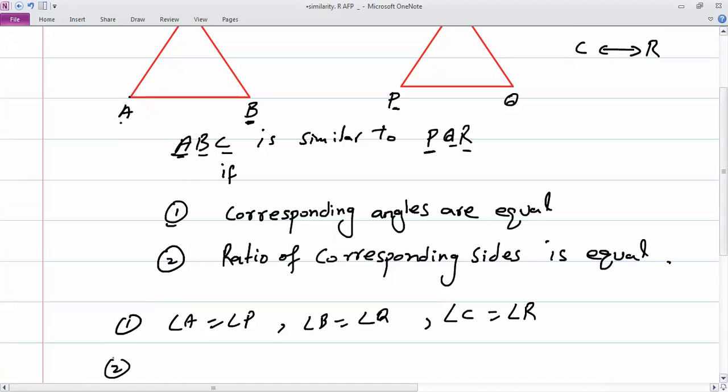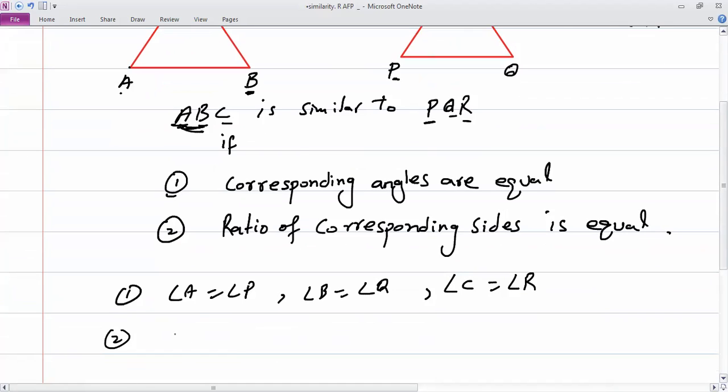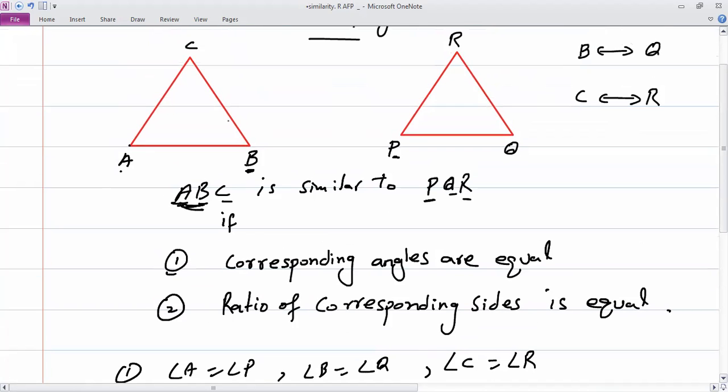And the second thing, the ratio of the corresponding sides. Now which side will be corresponding? For example, this is AB, and the same side is PQ. So if I take the ratio, it will be AB over PQ. That should be equal to the other corresponding side ratios. For example, BC is corresponding to QR, because their position is the same.